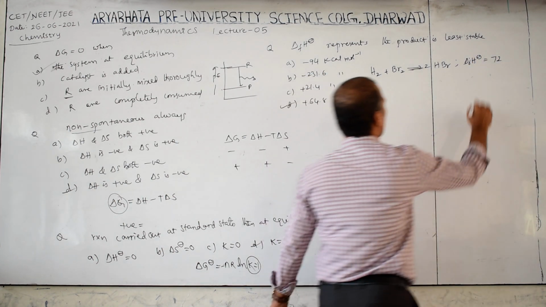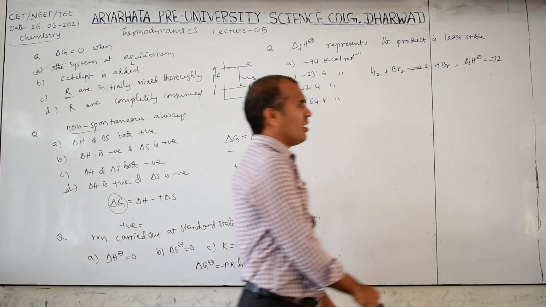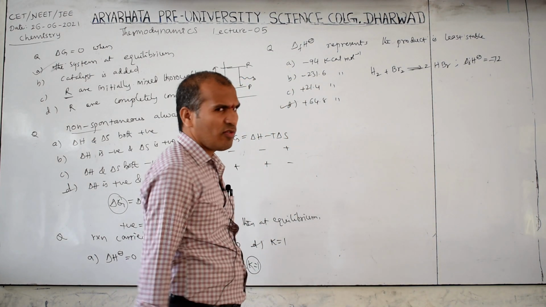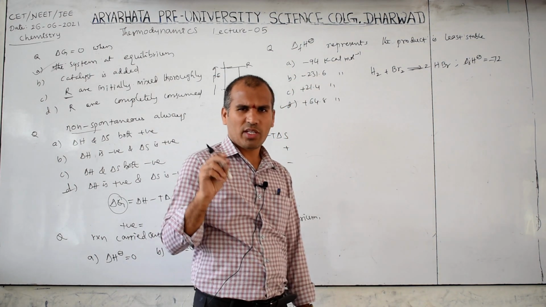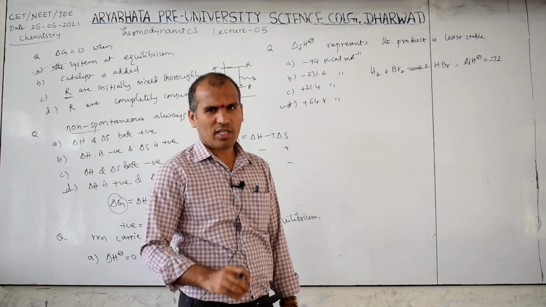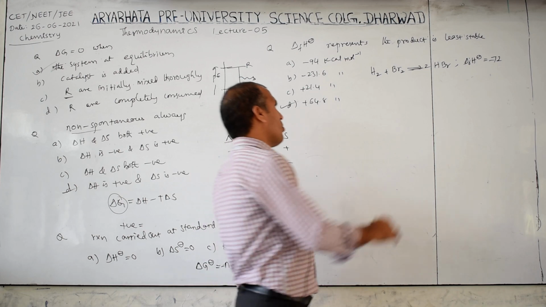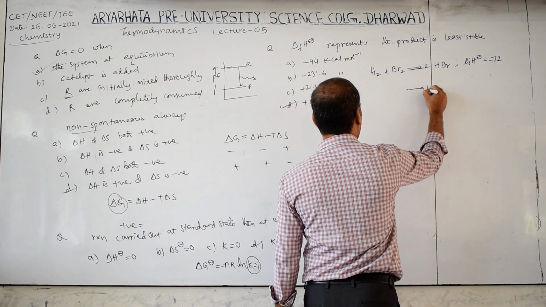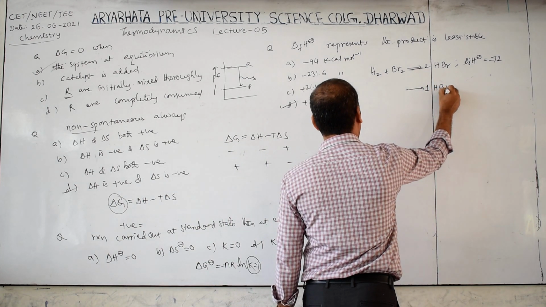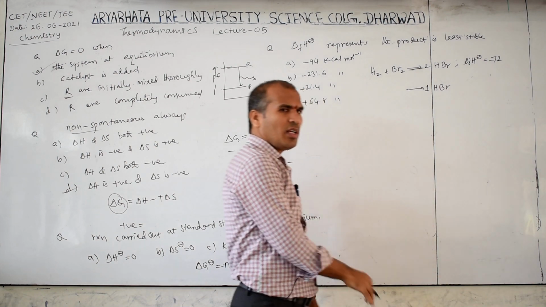Okay, this is minus. But this is not enthalpy of formation. Enthalpy of formation means, keep in mind, always, based on this, CET level or NEET level questions are asked, a very important concept: product side always 1 mole required.